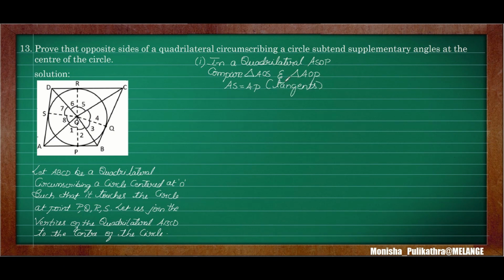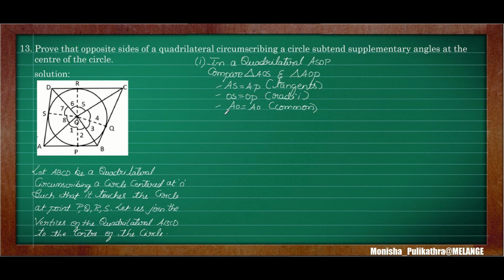Next, OS is equal to OP because both are radii. Next, in both triangles AO is the common side. Okay, AO is equal to AO, that is the common side. So in the two triangles which we are comparing, three sides are equal to each other.